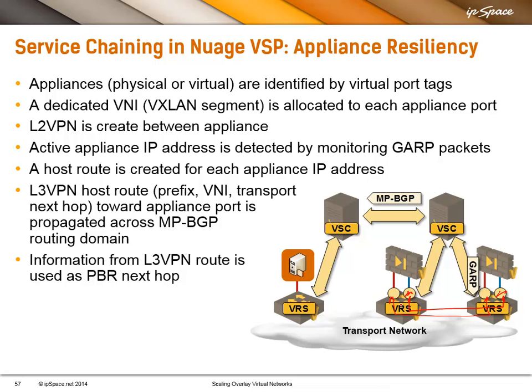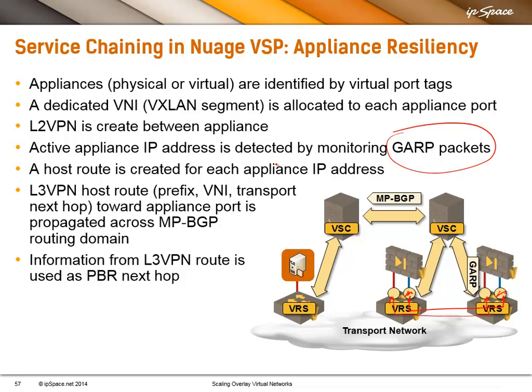Then the two appliances start doing whatever they do, and one of them decides that it's active. The usual way to indicate that an appliance is active is by sending a gratuitous ARP with the shared IP address of the appliance and a MAC address of the appliance that is currently active.